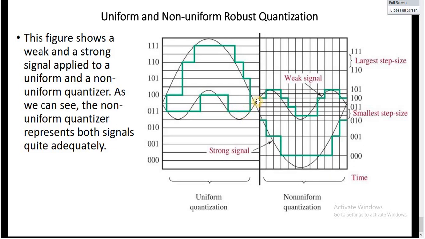If the same weak signal is applied to the non-uniform quantizer, the signal will be represented in a good way, and the quantization noise will be low, meaning that the signal to quantization noise ratio will be high. This is a comparison between the performance of the uniform and the non-uniform quantization for both weak and strong signals.